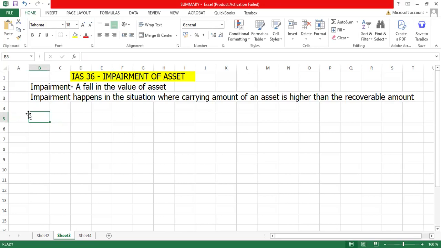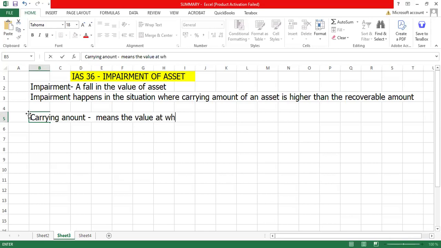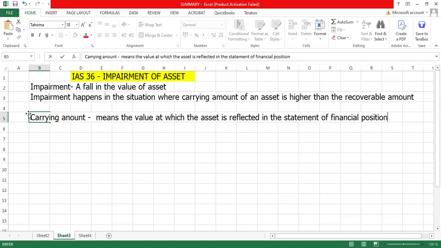And what is the carrying value, or the carrying amount? The carrying amount is simply the value at which the asset is reflected in the statement of financial position. If we look at our balance sheet, what is the value of that asset?